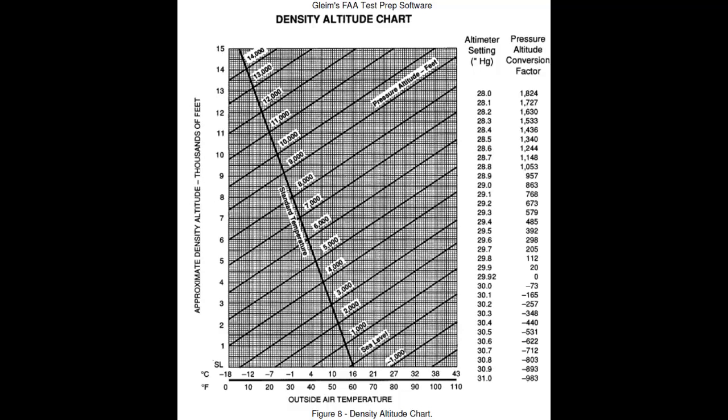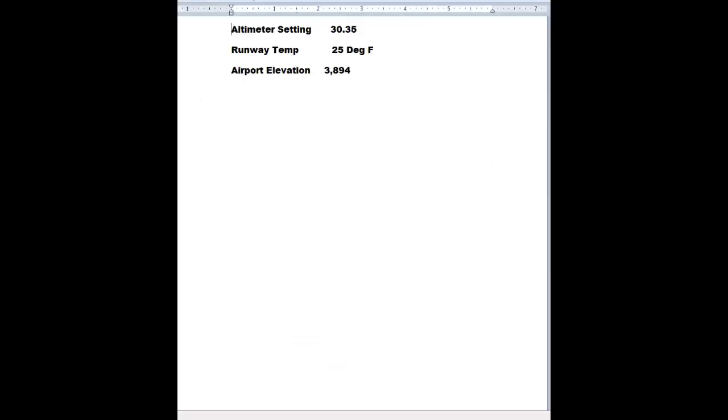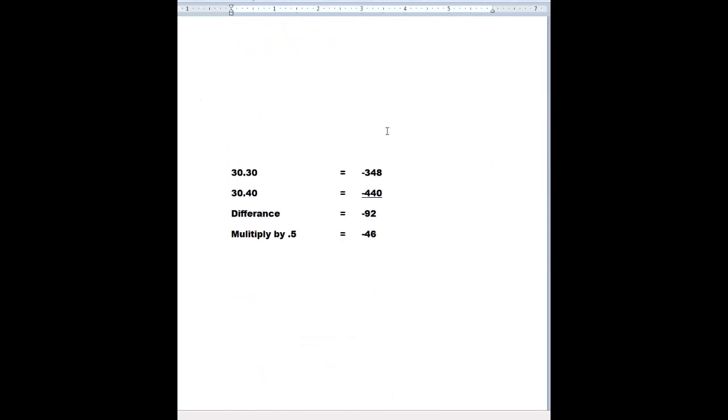30.35 is between 30.3 and 30.4. So our conversion factor will be halfway between negative 348 and negative 440. So 30.30 is negative 348 feet, 30.40 is negative 440 feet.